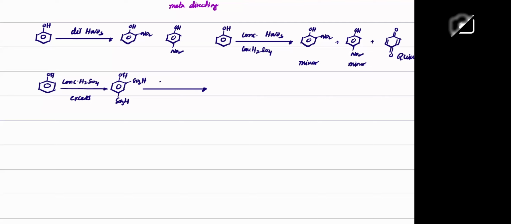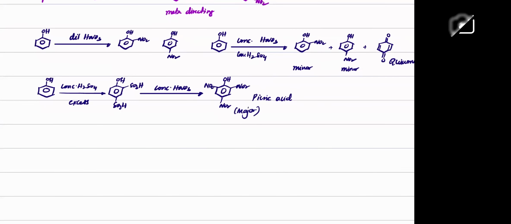Thereafter, when you react that with concentrated HNO3, desulfonation will take place. Along with that, NO2 comes into the picture, and that's how you get picric acid as the major product. So this is a very important and significant role played by sulfonation.